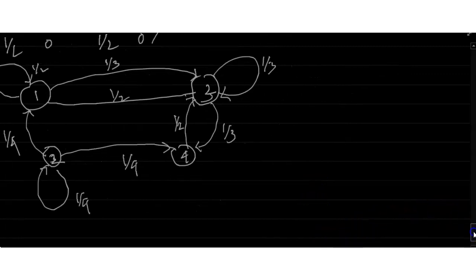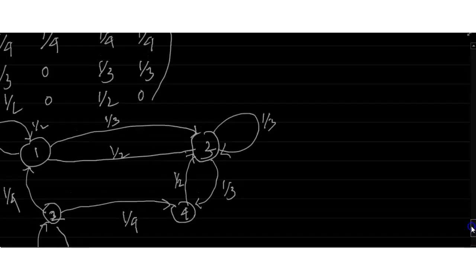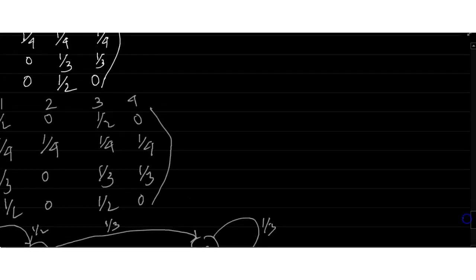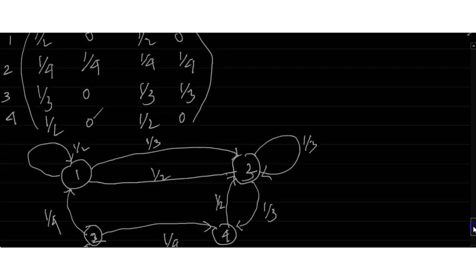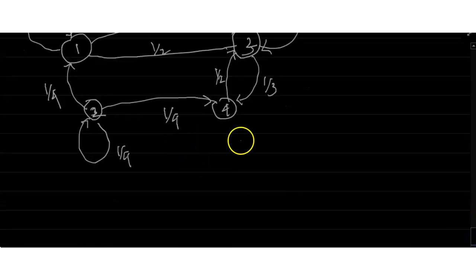I draw the directed graph because from 4 to 2 you will not get any path, and from 2 to 4 you get only one path, that is 1 by 4.